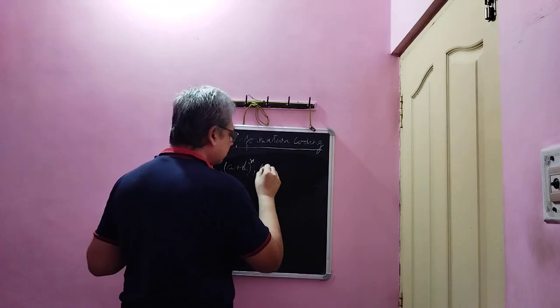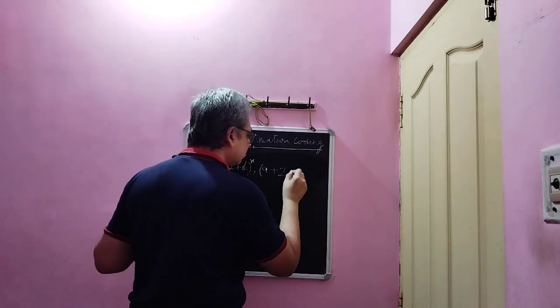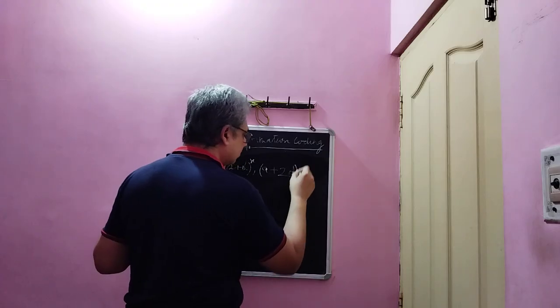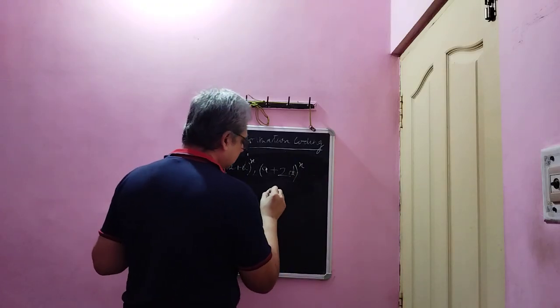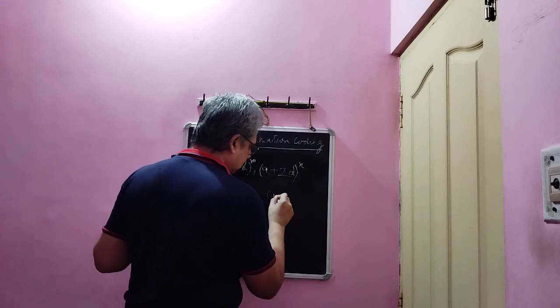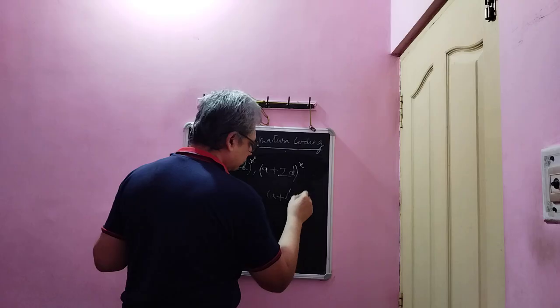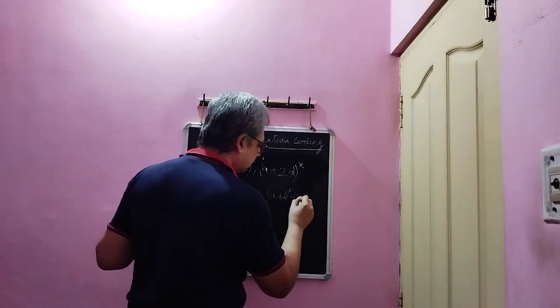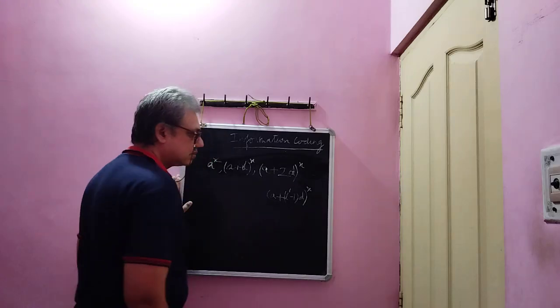a plus 2d whole power x, and so on up to a plus L dash minus 1 times d whole power x, right?